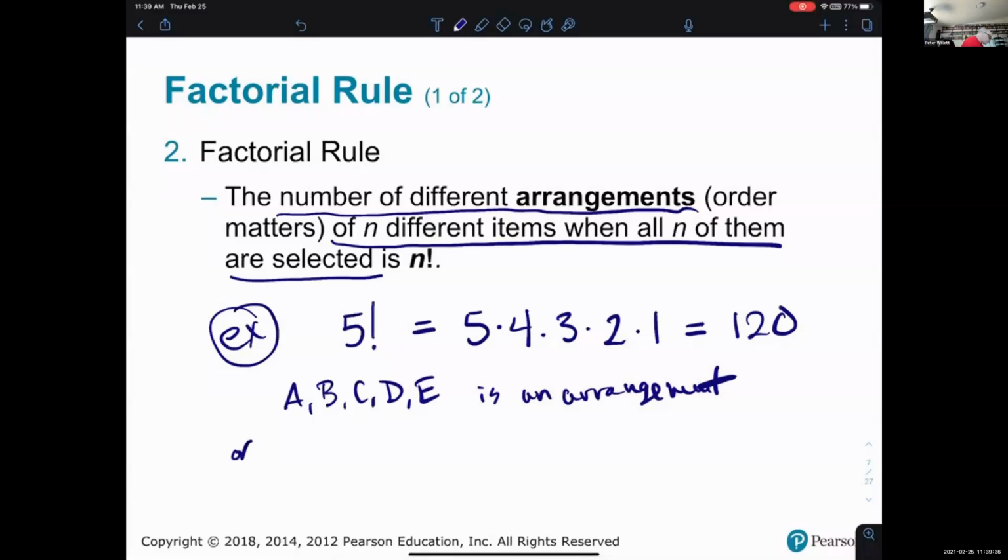Or I could arrange them a different way just by switching the first 2: B, A, C, D, E. That is also an arrangement.